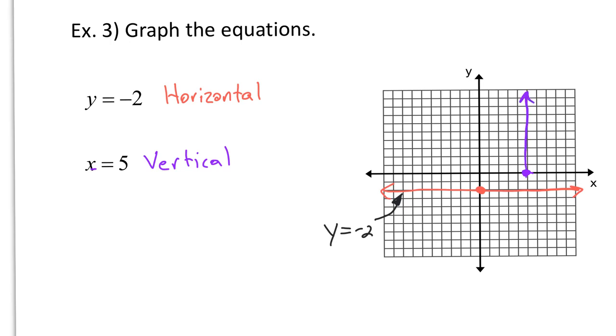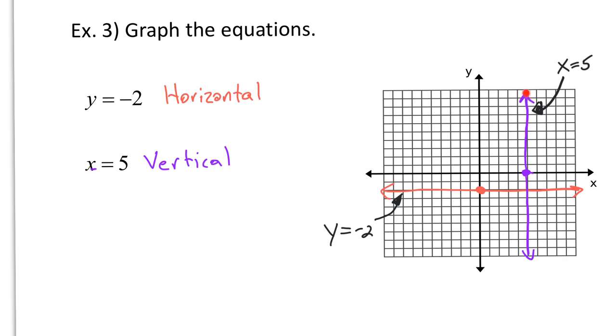Now I know this is not really straight. You can use a ruler again to make your straight line. And I'm going to write down the name of the linear function: x equals 5. So this vertical line is your x equals 5, and your horizontal line, going to the left and to the right, is your y equals -2.